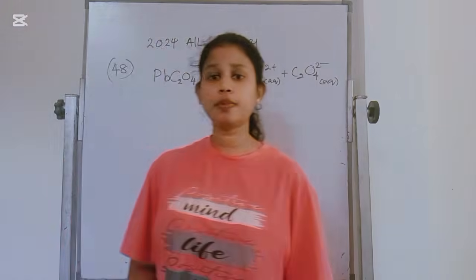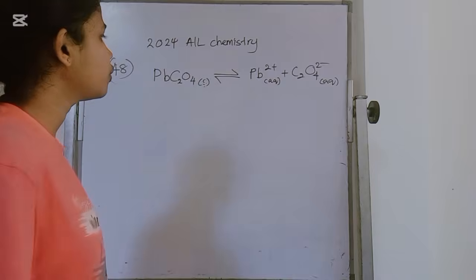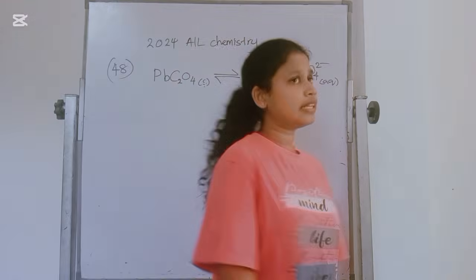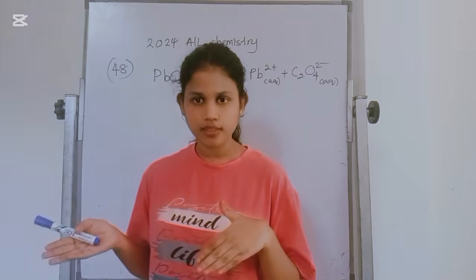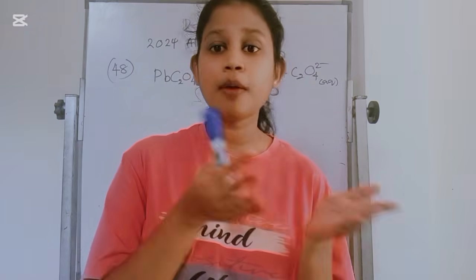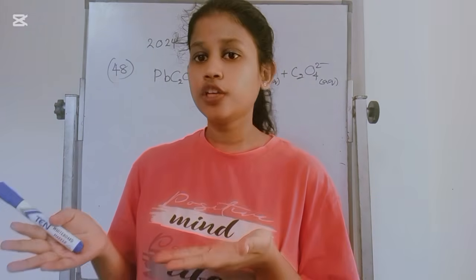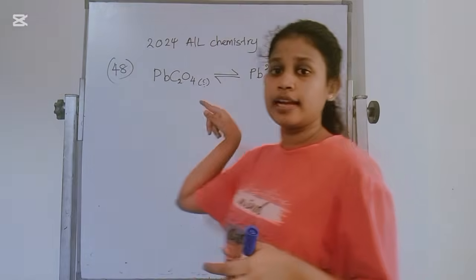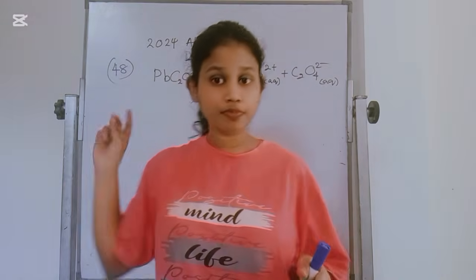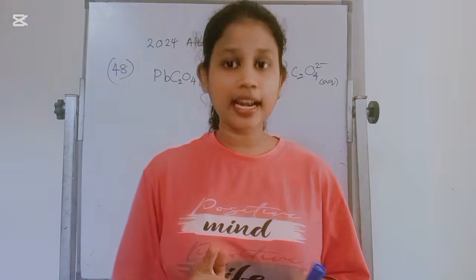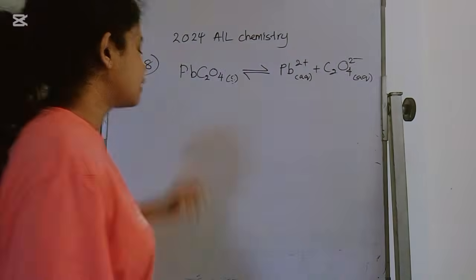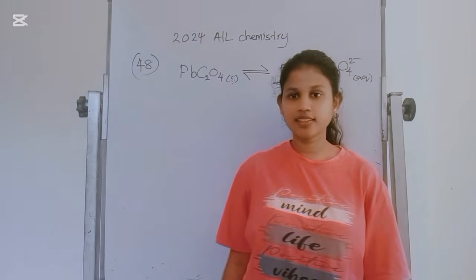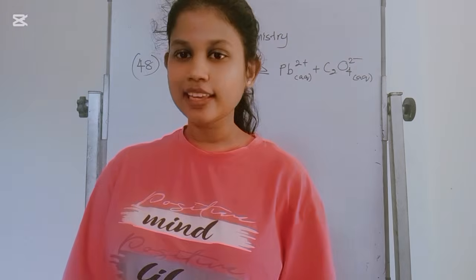Let me explain why I use this double arrow to write this reaction. In chemistry, you know that solids can be categorized into two parts. Some are highly soluble and some are sparingly soluble. So, this lead oxalate belongs to the sparingly soluble solid category.